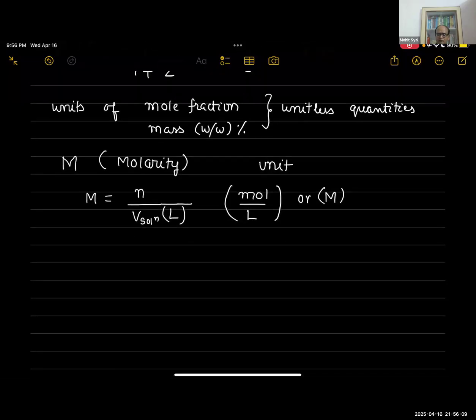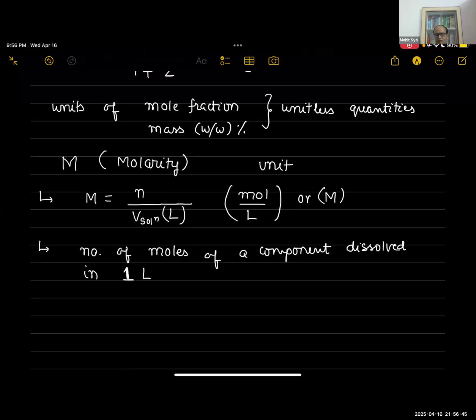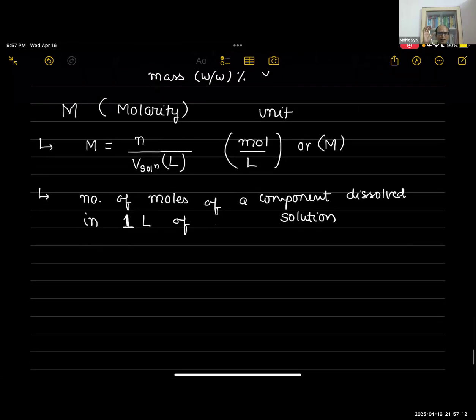We can write the definition: number of moles of a component present in 1 liter of solution.